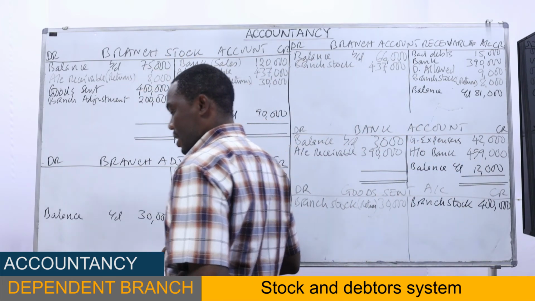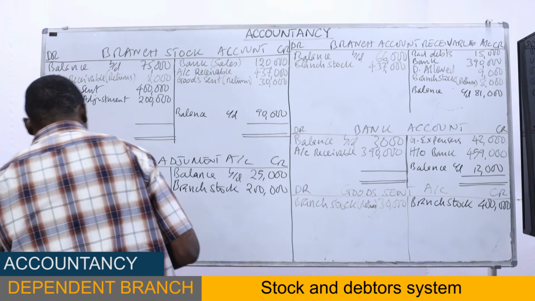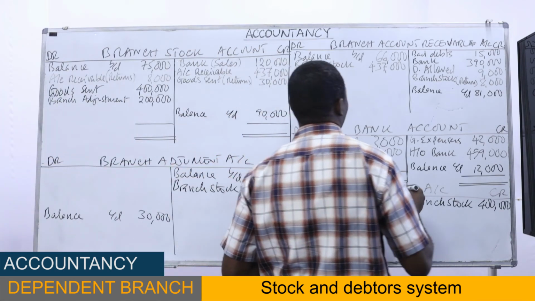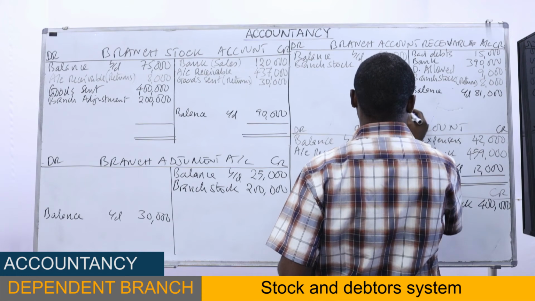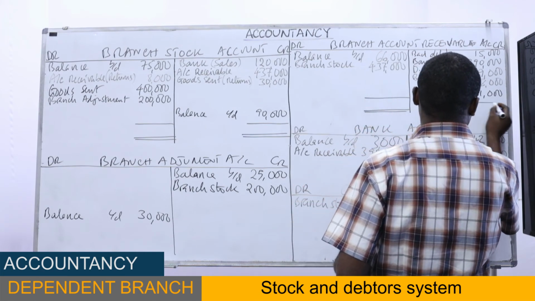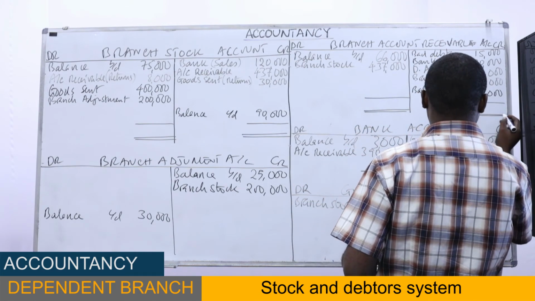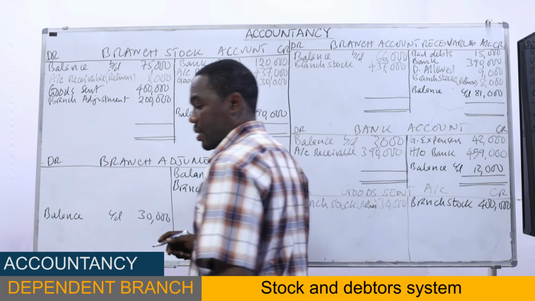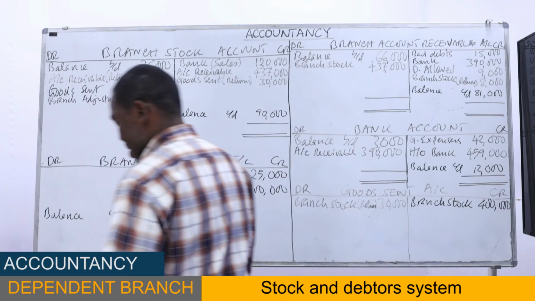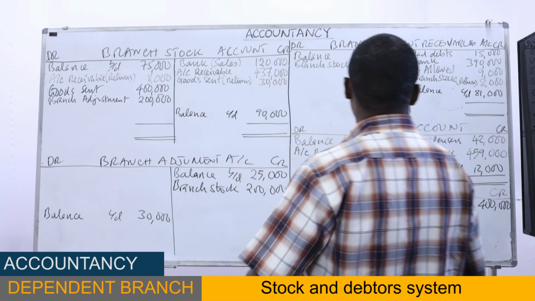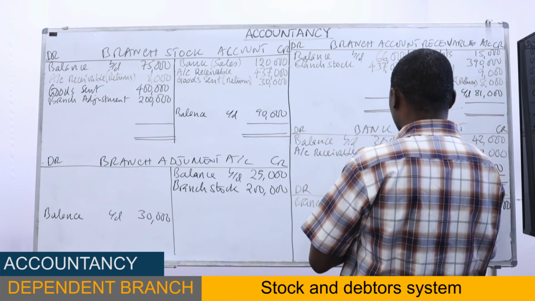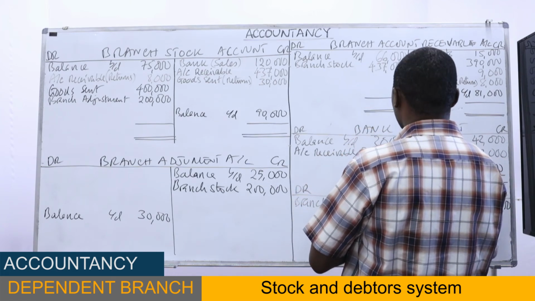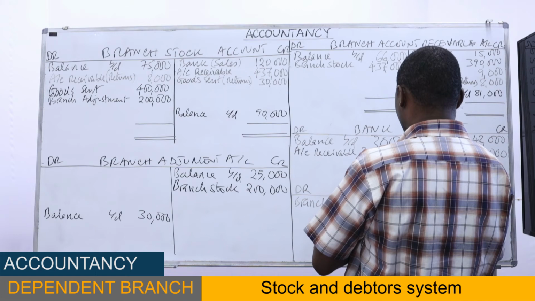Well, they are over. So let us have the total. 66,000 plus 400, that's 7.